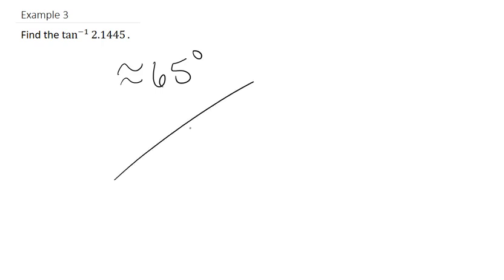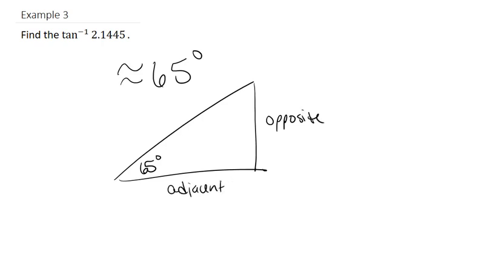So all this is saying is in our right triangle that this angle is 65 degrees because we are looking at the opposite over the adjacent, and we're looking at that ratio. And so when you have a ratio of that, we get 65 degrees for our acute angle.